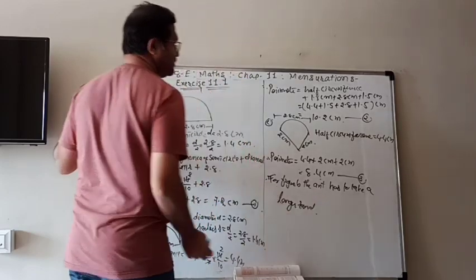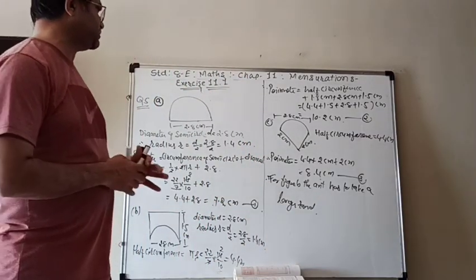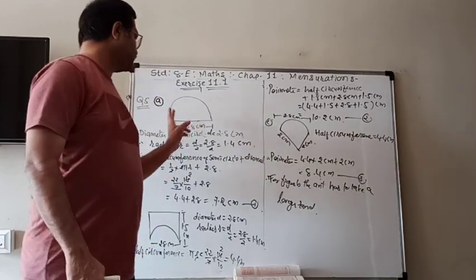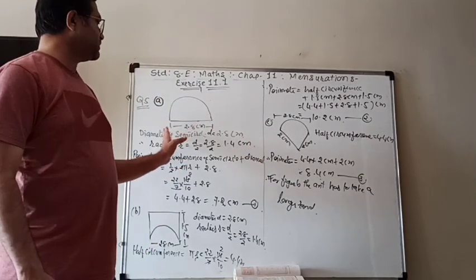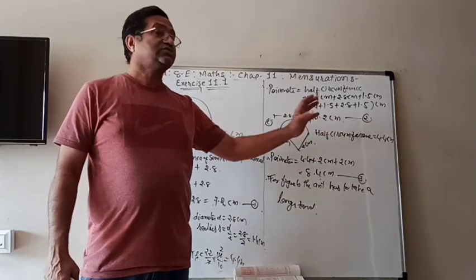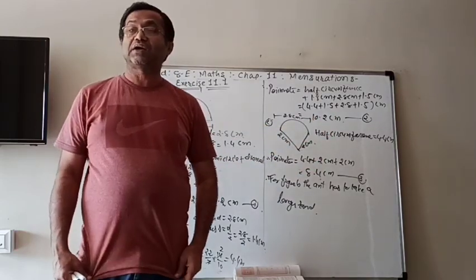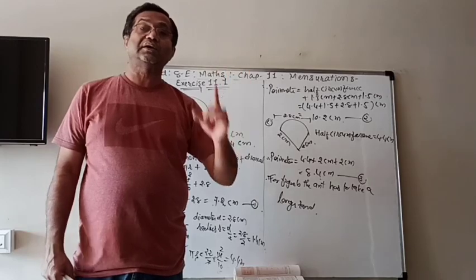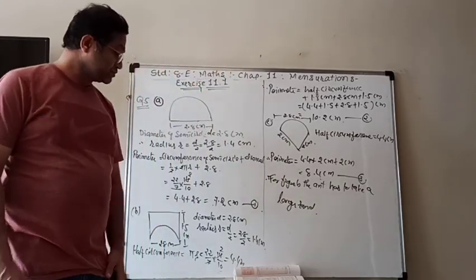So here perimeter of all the three shapes are different. Only the diameter was same for everything, but the other measurements were totally different. And therefore you see that here the ant has to take a longer round.